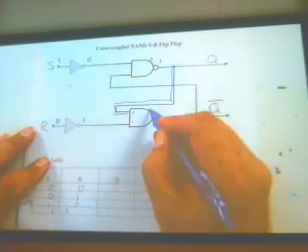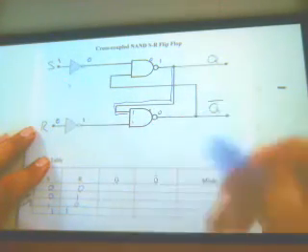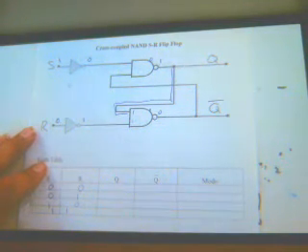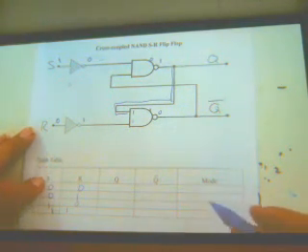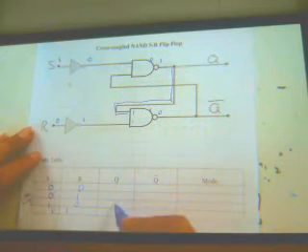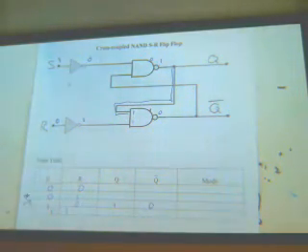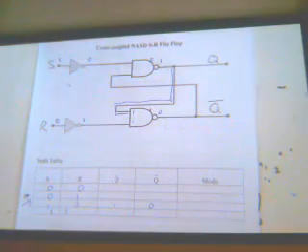So we would have a 1 here, otherwise we have a 0 here. Okay. So Q is 1, not Q is 0, correct? Did I do that right? Did I make any mistakes? Did you follow? Okay, so we're good, right?